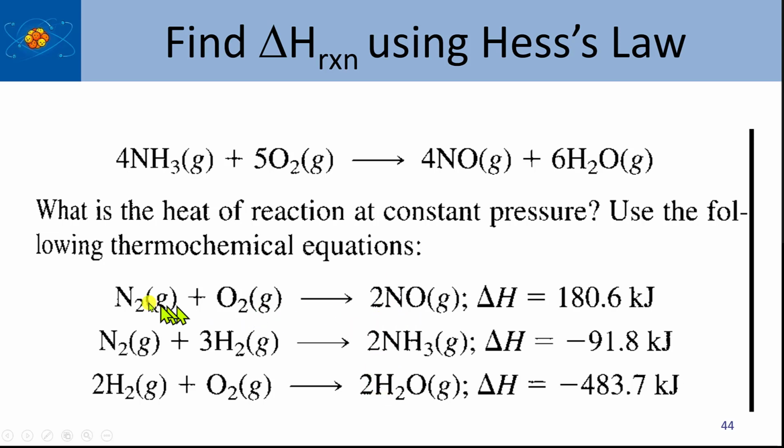And so the standard enthalpy of formation, that is the formation of a product from its elements, would be 180.6 kilojoules, then divided by 2 to get 1 mole of NO. But 90.3 would be the standard enthalpy of formation for NO. And I'll go over that definition again. But let's go ahead and solve this problem and see how we're going to do it.